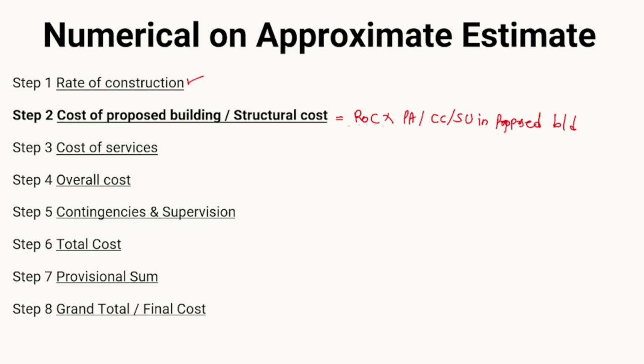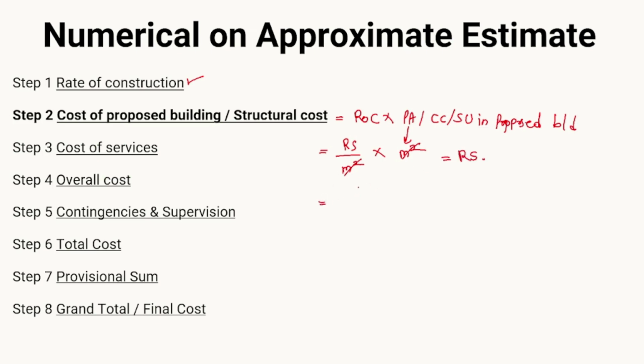So we know that for the plinth area the rate of construction will be in rupees per meter square. Therefore we are here multiplying with the plinth area. Again here we are using the plinth area rate, therefore we are multiplying with the plinth area. Plinth area will be in meter square, therefore this meter square and that meter square will cancel each other, therefore we will get the cost in rupees.